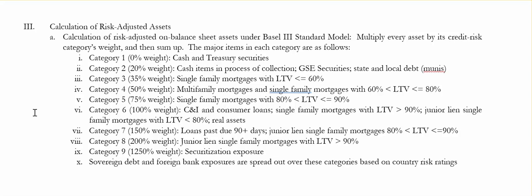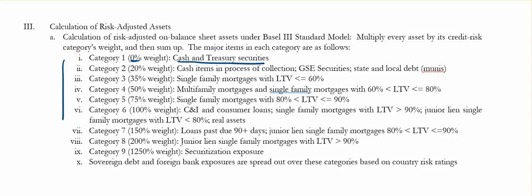So I tried to give a summary of the main types of assets that fall into different categories, just to give you a flavor of how weighting works. The textbook gives more detail than this, but you can see here that the assets that don't get any weight are the ones that are incredibly safe, like cash and treasury securities.